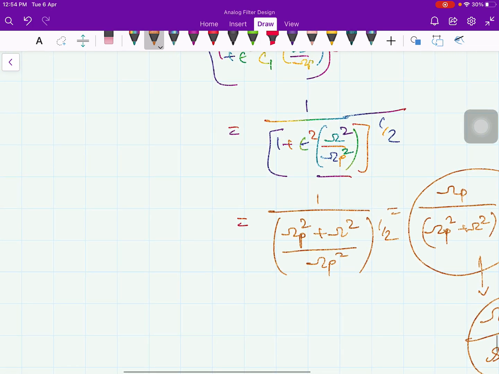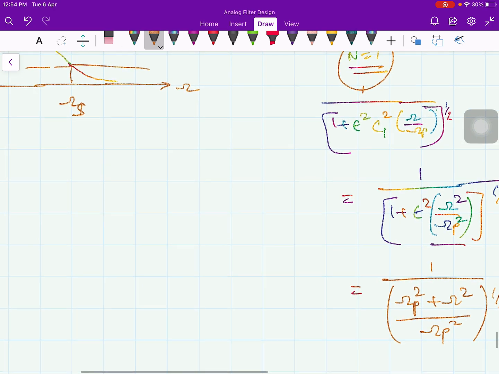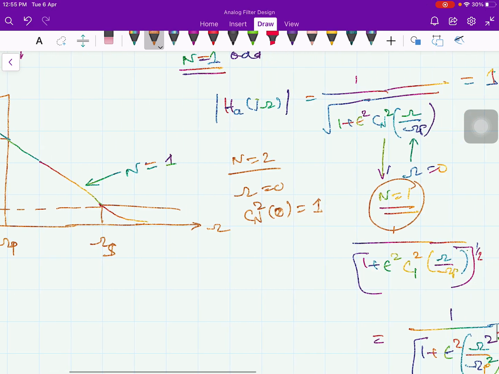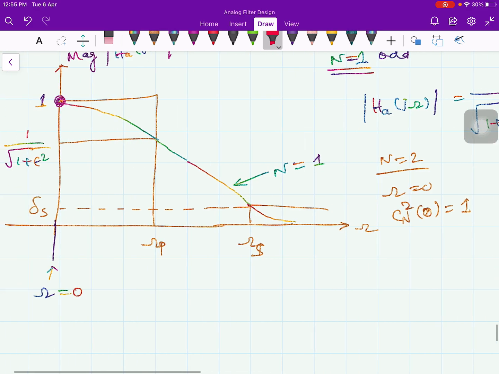Okay, now for the second order, obviously when n equal to 2, at omega equal to 0, Cn squared of 0 is plus 1. If this is plus 1, then you have 1 by square root of 1 plus epsilon square. Therefore, my plot starts from here, okay, and it goes like this.